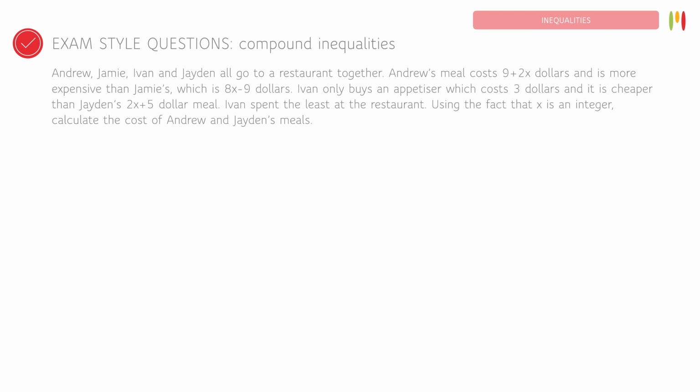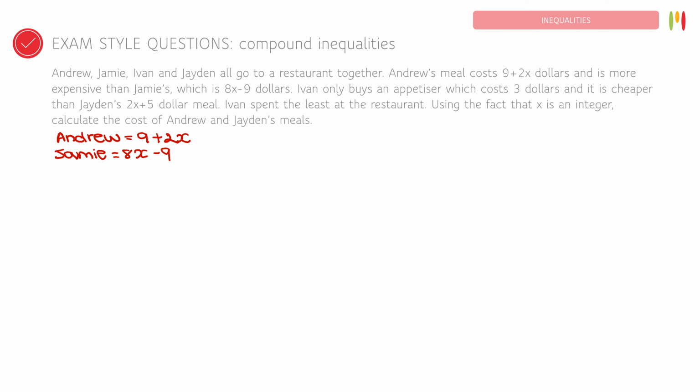Okay, so let's first write the information we have been told in a clear and easy to read way. So we know Andrew's meal costs $9 plus $2x. We also know Jamie's meal costs $8x minus $9.